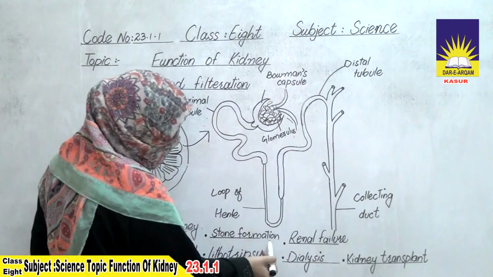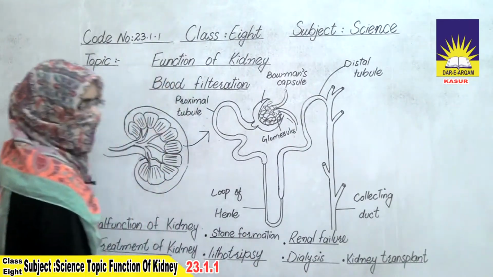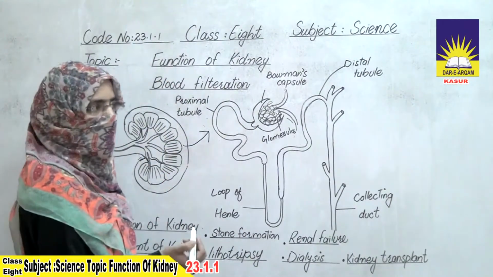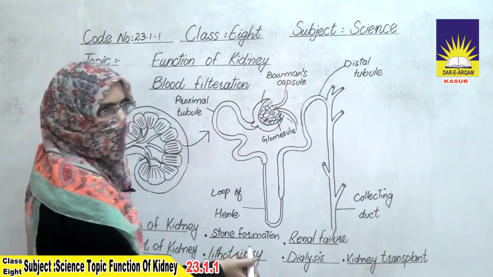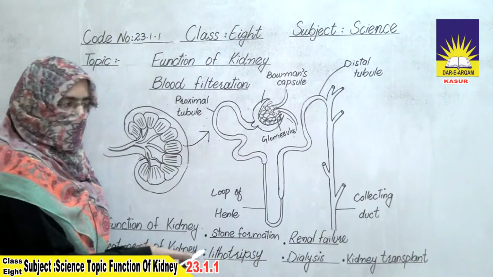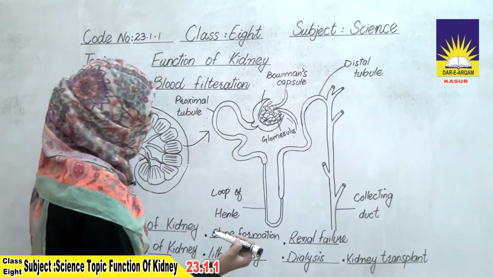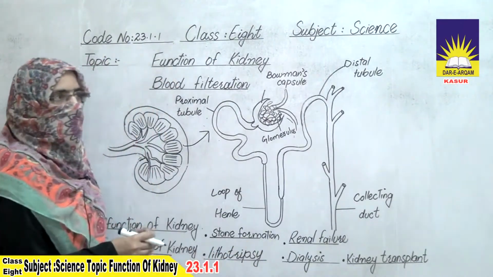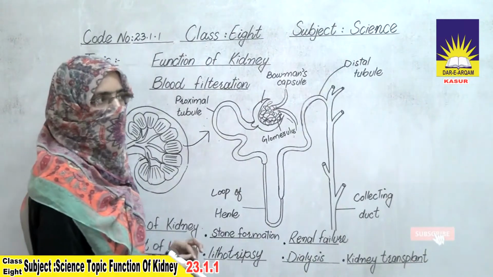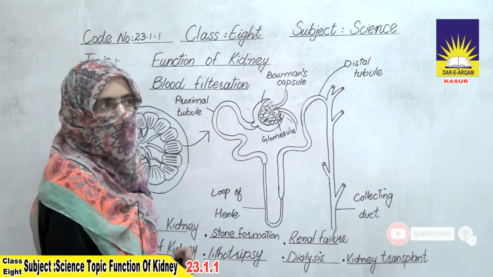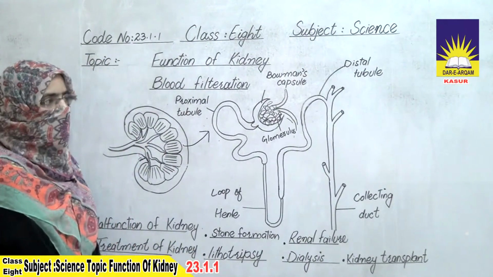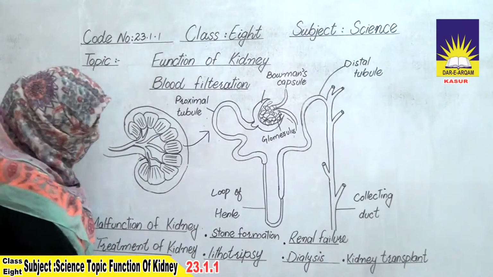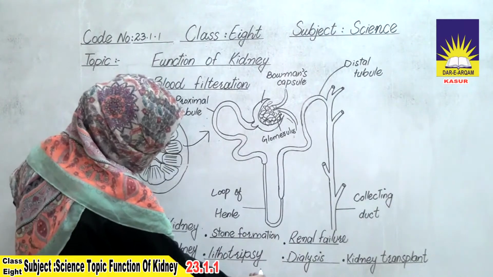Stone formation is the minor problem in which some small or large stones are formed. Small stones can be removed by maximum intake of water, but the large stones which are formed in our kidney cannot be removed by intake of water. The large stones can be removed by a process which is known as lithotripsy.